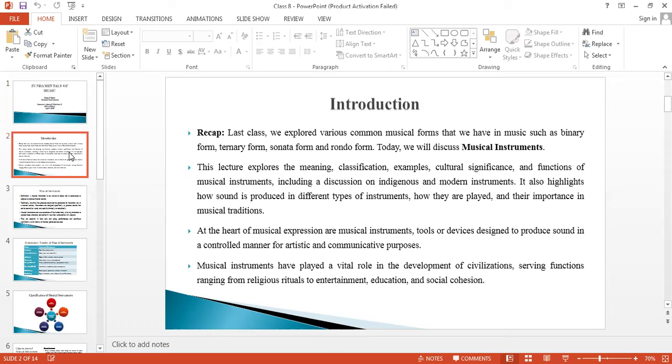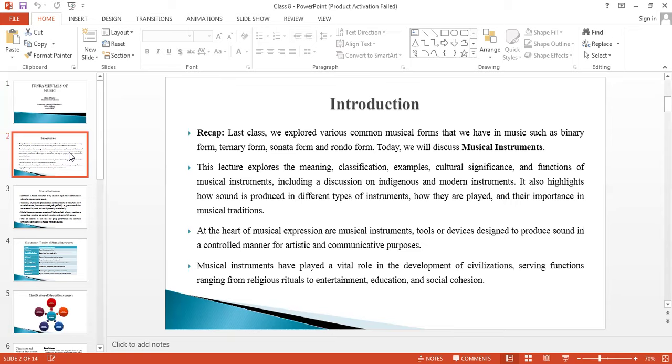This week, just like I said while we were finishing the last class, we'll be talking about the musical instruments. We will explore the meaning, the classification, examples, and cultural significances. Also, the functions of each of these musical instruments.